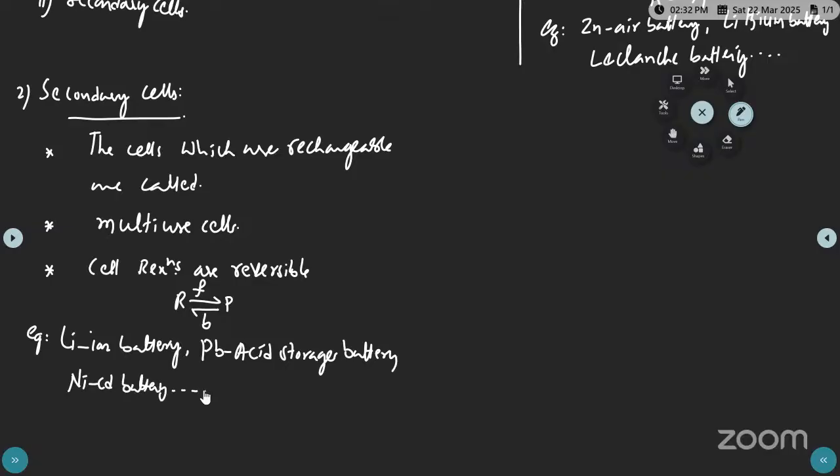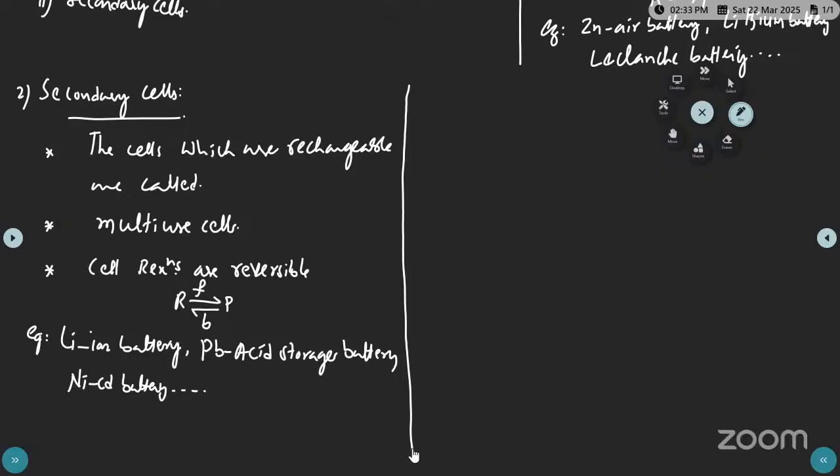So many examples are there. Lithium battery is very important. This is about the secondary cells.